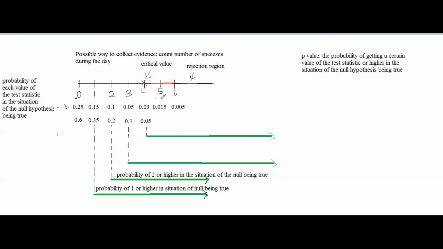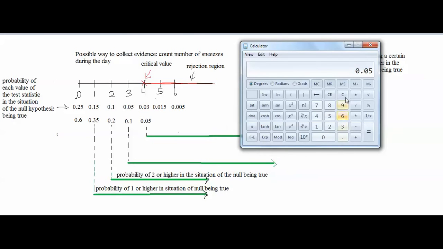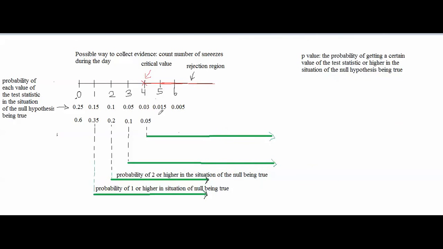Now, let's find the p-value of 5. To do that, we have to add the two probabilities right here. They add up to 0.02.